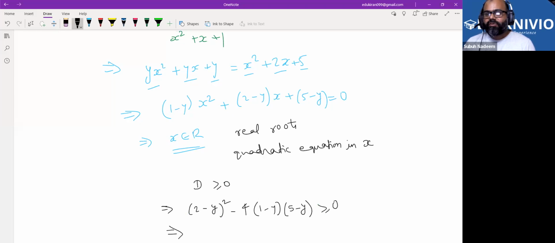B square minus 4ac. This is how we will write it. This will be 4 plus y square minus 4y, then minus 4 times 5 minus y minus 5y plus y square, greater than or equal to 0.